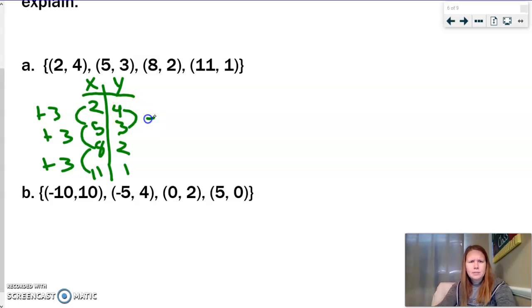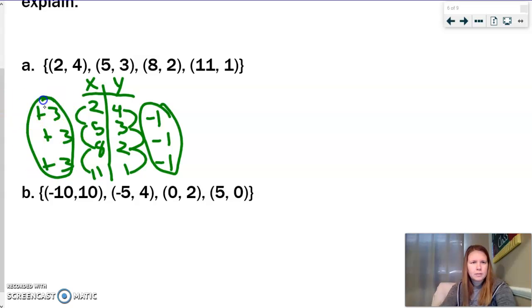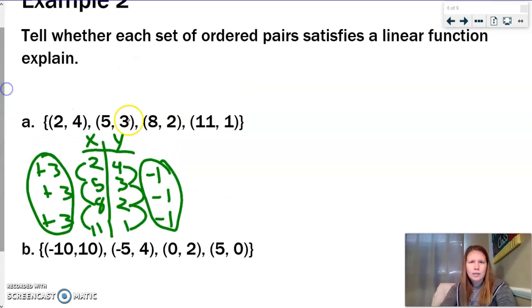4 to 3 is -1. 3 to 2 is -1. 2 to 1 is -1. Because these are all the same on both sides, this change each time, I get to decide that this is a linear function. So, tell whether each set of ordered pairs satisfies a linear function and explain.